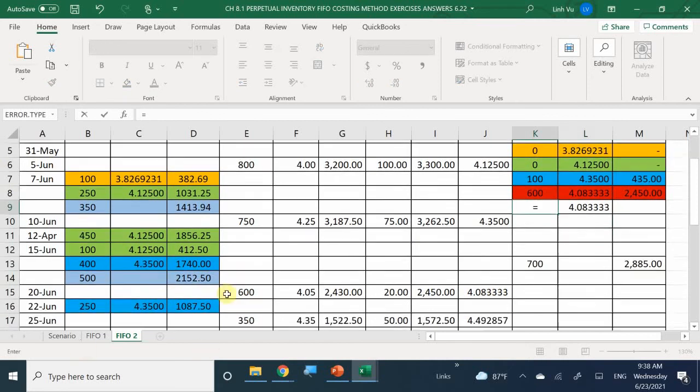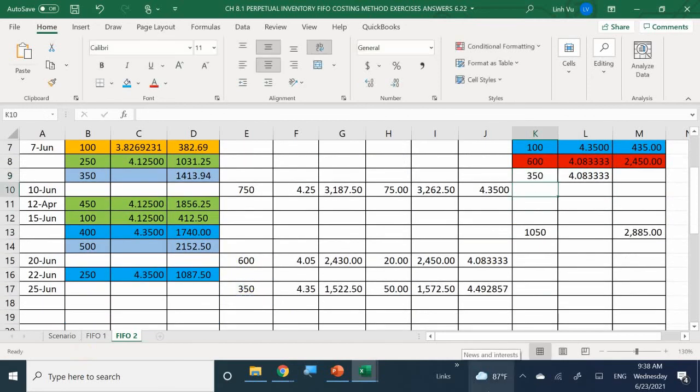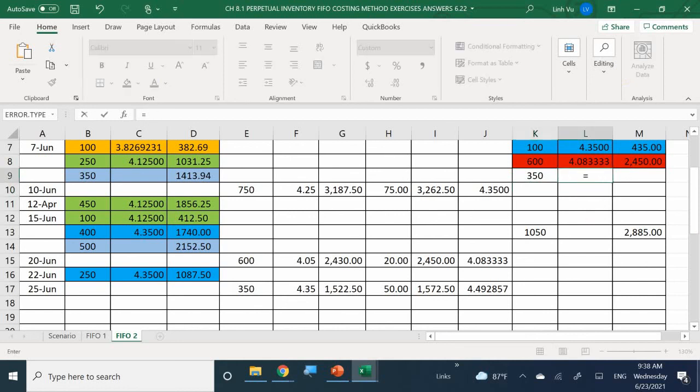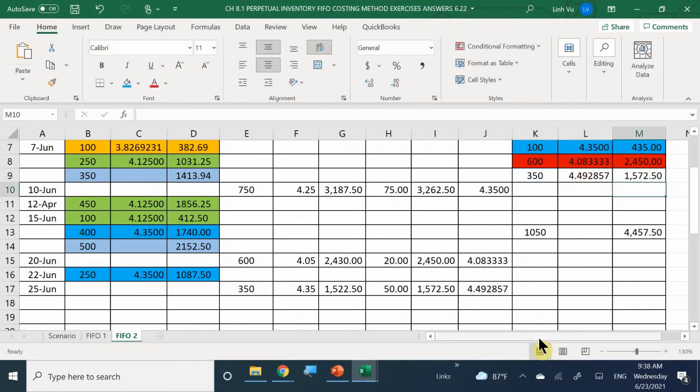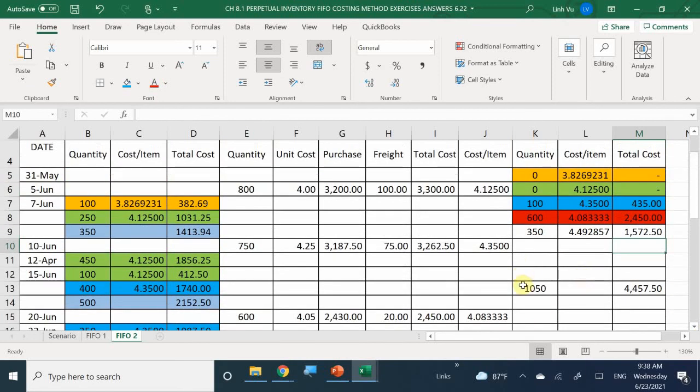I guess I looked at the wrong number. It's 449. Okay. So therefore, my new inventory, right? I just added it in there, so now I have available 1050 items left to sell.